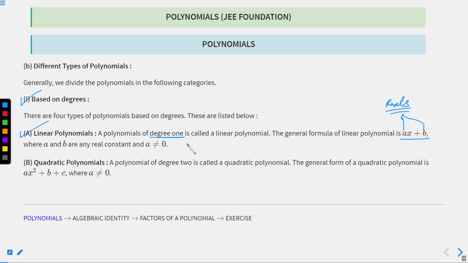That means my linear polynomial in x looks like ax plus b, where a must not equal 0. Please give this as much importance.